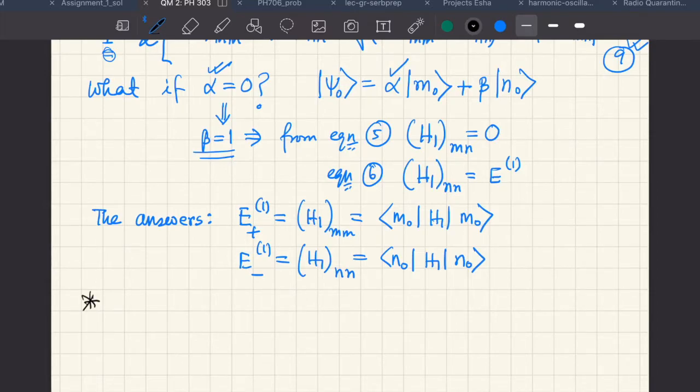This theorem says that suppose omega is a Hermitian operator, and omega commutes with H naught and H1.